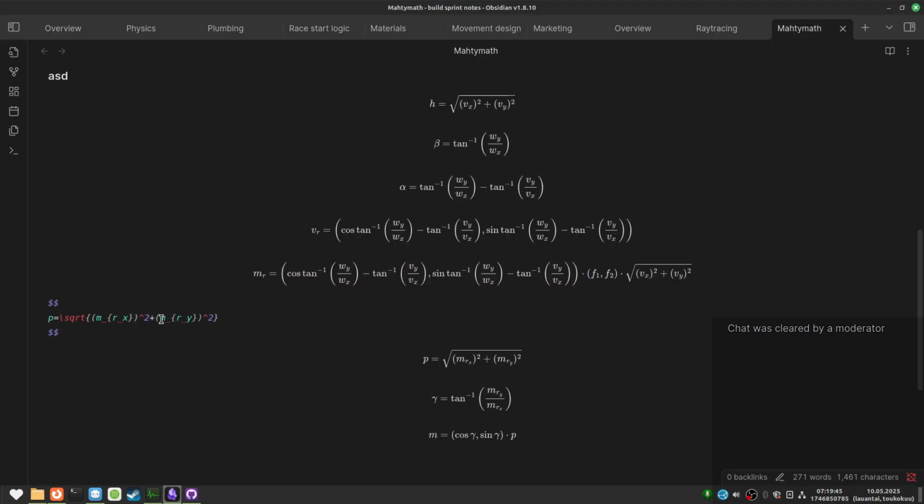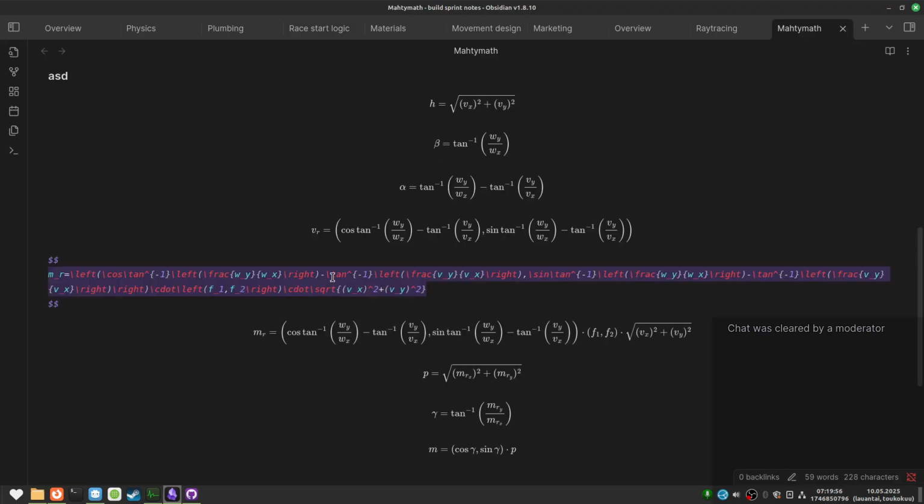Ooh, this is a bit different now, because we have MRX and MRY. This is MRX.